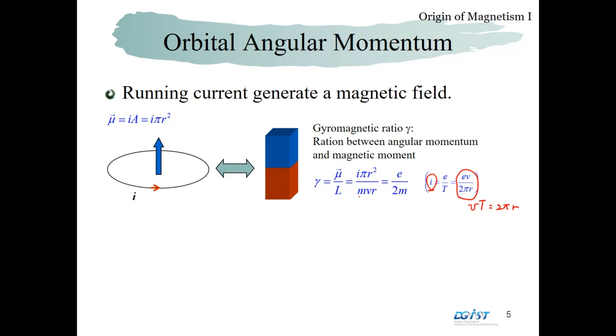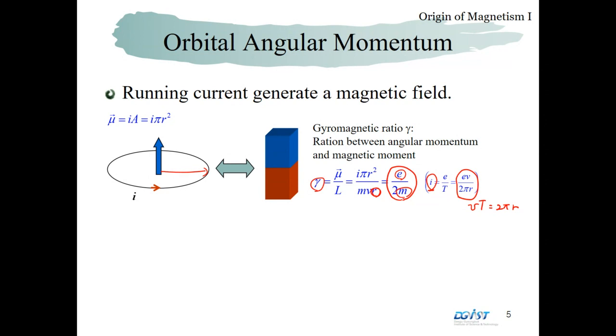So with this relation, we can obtain the gyromagnetic ratio, charge e divided by 2m. The important thing is m is the mass of the electron and e is the charge of the electron. And the radius which determines this motion or orbital is dropped out.